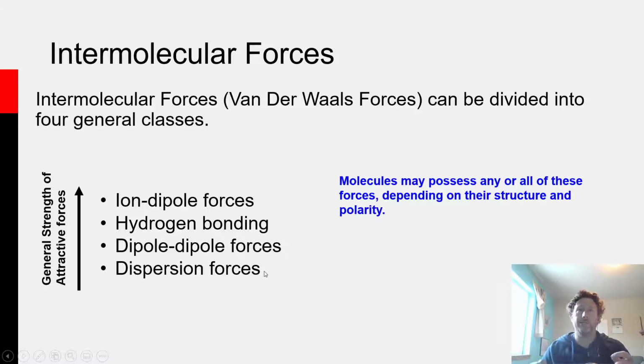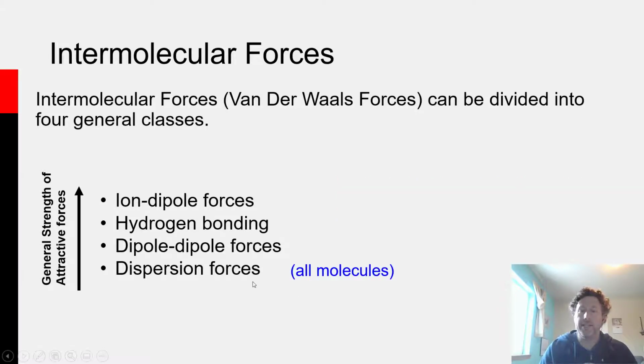So it's kind of like collecting cards in your hand to play a better poker hand. The more polar you are, the more of these types of intermolecular forces you get to claim. So if you're a polar molecule, not only do you have dispersion forces, not only do you have dipole-dipole forces, but maybe you can also hydrogen bond. And the more of these you have access to, the more tightly held, the more strongly attracted to each other the molecules in a chemical sample become.